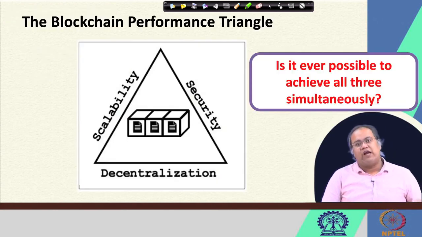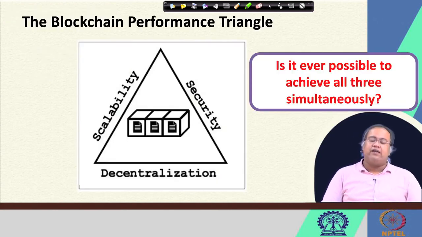So, this is the point where we stopped in the last lecture. We mentioned the performance triangle of a typical blockchain architecture, where we have a trade off between three parameters: scalability, security and decentralization. And our question was: is it ever possible to achieve all these three requirements simultaneously? In that context, Algorand tries to solve this problem.